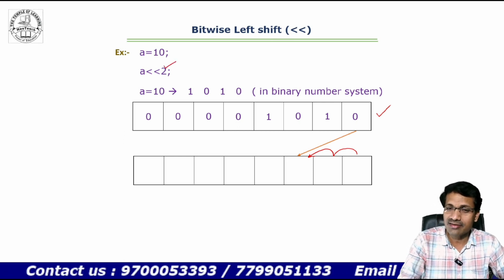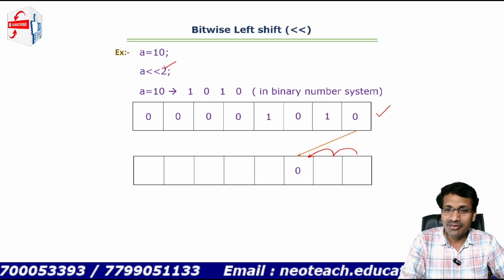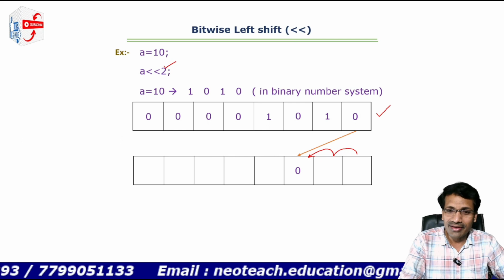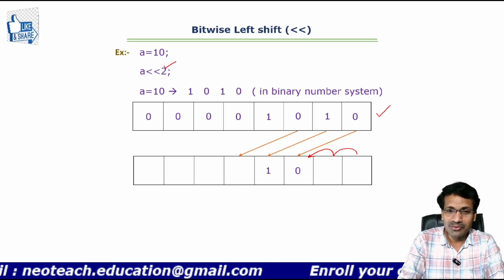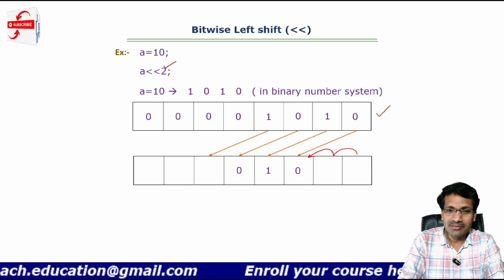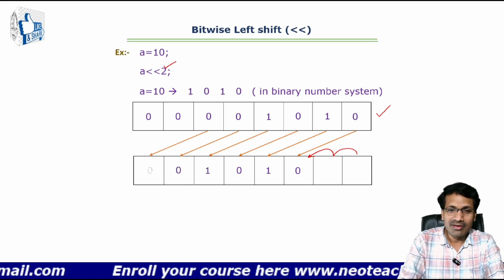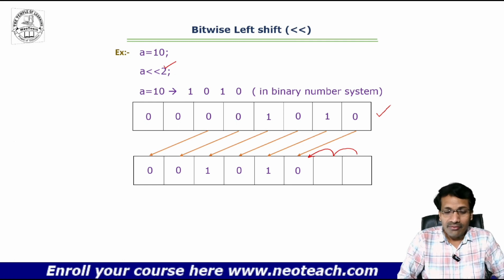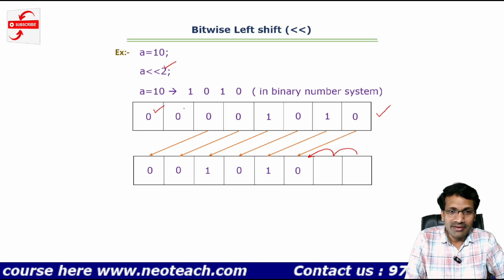The 0 moves there, and in the same way the 1 moves to the next cells, and 0 followed by that, and the next 0 also there.